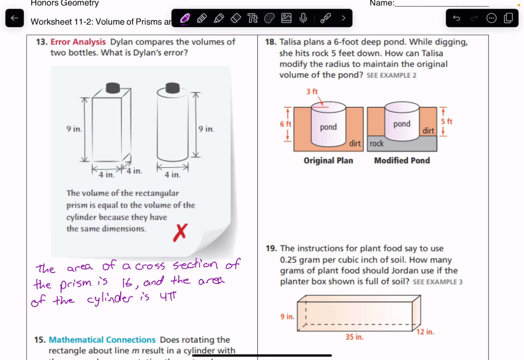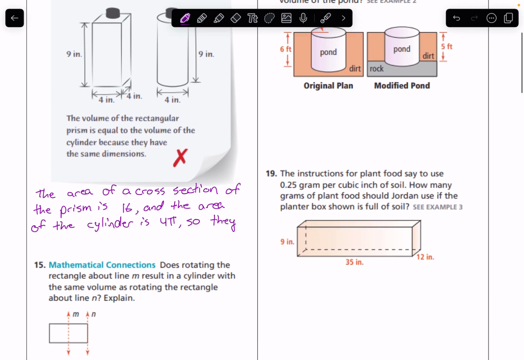Again, that's pi times 2 squared. So they can't have the same volume.